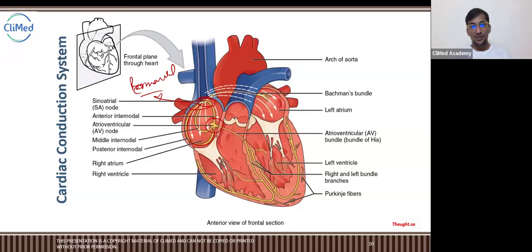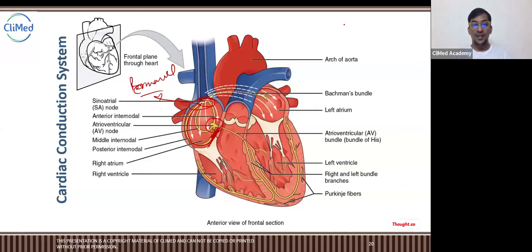Why do we call it atrioventricular node? Because it is at the edge of the septum of atrium and ventricle. That's why we call it atrioventricular node. So impulses are generated from the SA node, the permanent pacemaker of heart, and then go to the AV node.